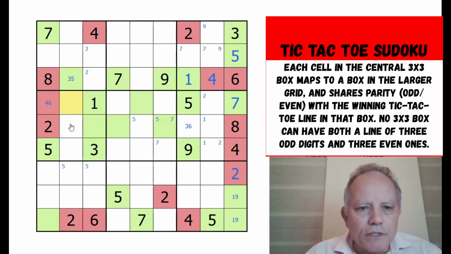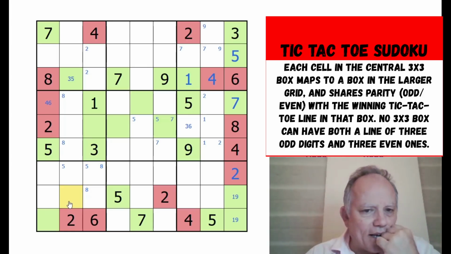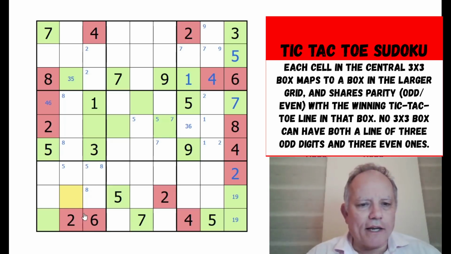Oh, 8 is restricted in this box to there. So 8's down here. Now, how could even win this box? It couldn't. Even as we said, with a central cell of even, you can't get a 3 line here. You need a diagonal, and those 2 can't both be 4 and 8. Now we've limited 8 to these cells.